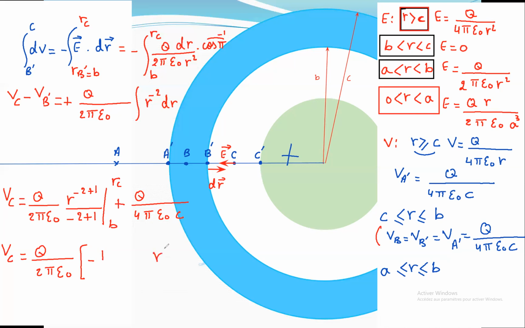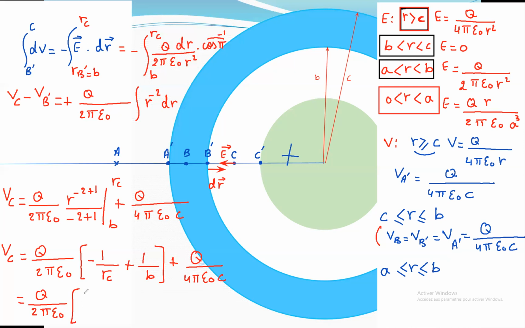R to the minus 2 plus 1 equals R to the minus 1 equals 1 over R. So here we get minus 1 over RC minus 1 over B. Okay, plus Q divided by 4 pi epsilon 0 C. We take a common factor Q divided by 2 pi epsilon 0.